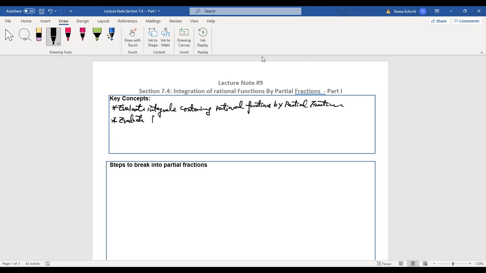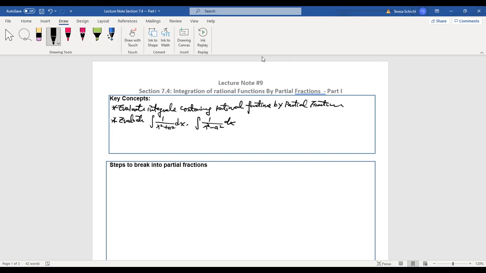Then the next topic, we're going to talk about 2 very special integrations. We're going to take a look at how to do these 2 special integrations. Okay, so 1 over x squared minus a squared dx. In our previous lecture, we know how to do it if you have a square root, right?